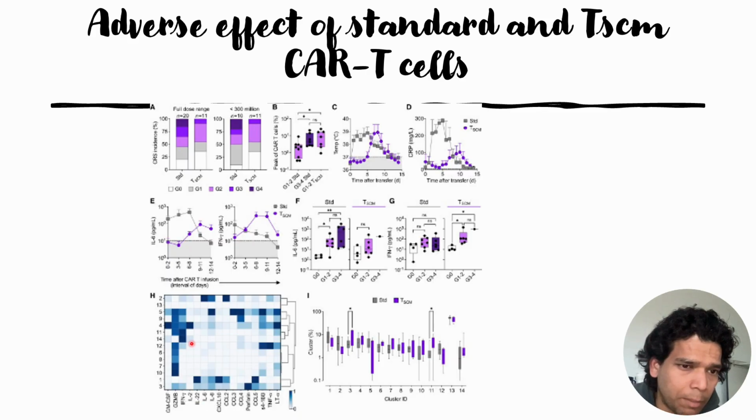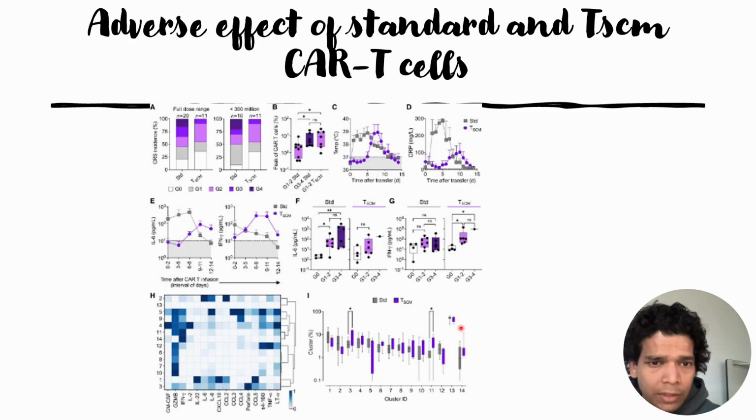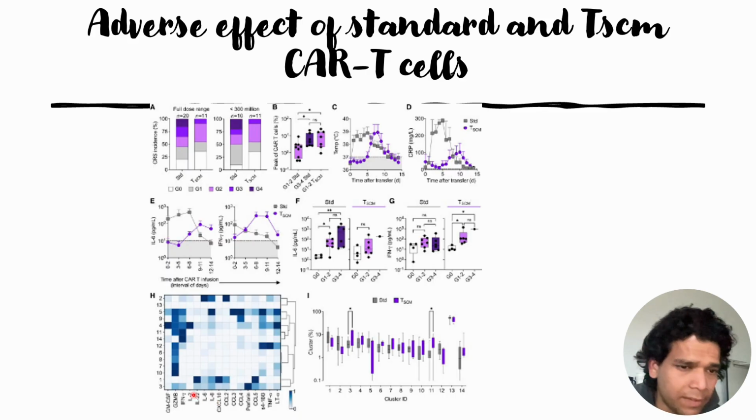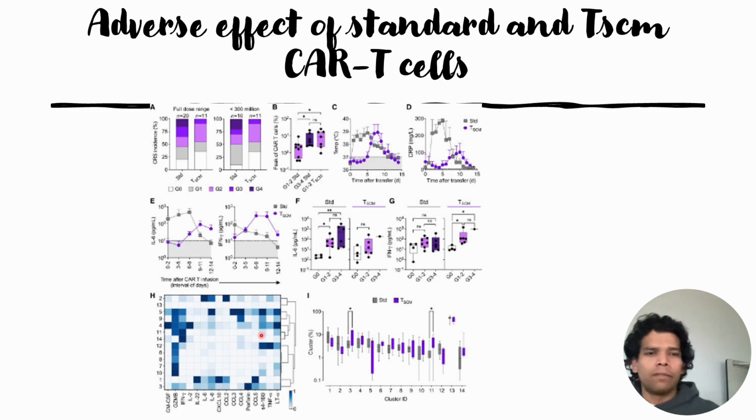clusters 11 and 14, and clusters 11 and 14 are majorly comprised of the TSCM based CAR-T cells, whereas IL-6 mainly comprises clusters 1 and 2, which are predominantly dominated by the standard CAR-T cells.